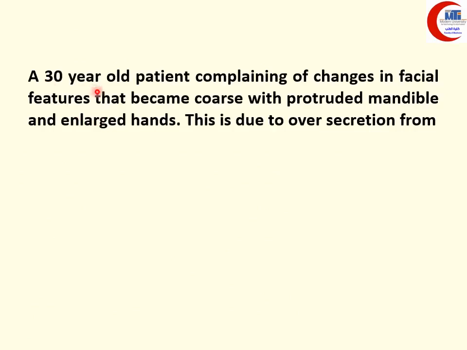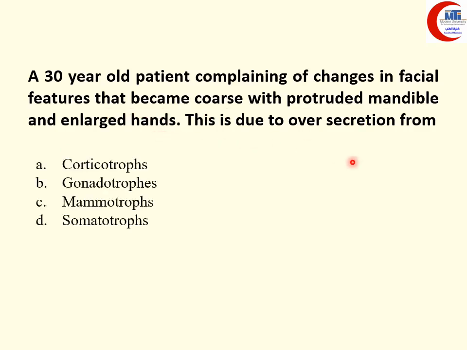A 30-year-old patient complains of changes in facial features that became coarse, with protruded mandible and enlarged hands. This is due to oversecretion from corticotrophs, gonadotrophs, mammotrophs, or somatotrophs? Protruded mandible and enlarged hands means that it's flat bone, not long bone.